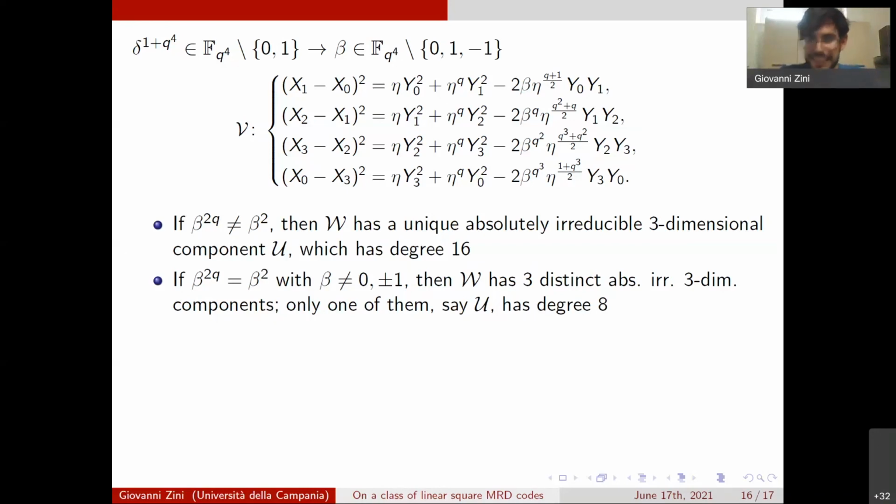And the nicer thing is that V is absolutely reducible in general, and depending on the value of beta, we have 1 or 3 components of maximal dimension with different degrees.